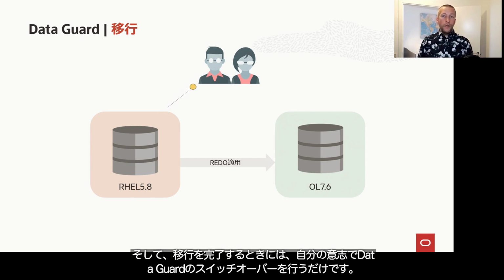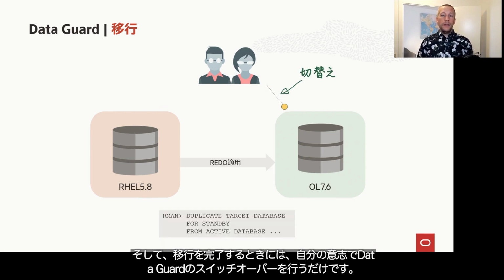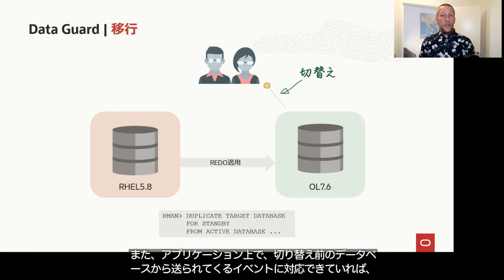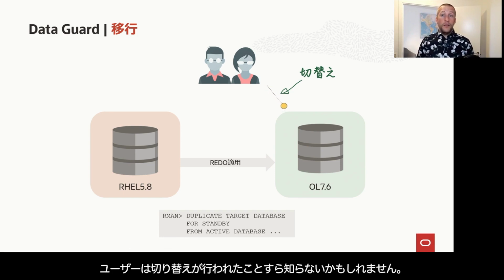Then, at your will, when it's time to complete the migration, you simply do a Data Guard switchover. And typically, that only takes a few minutes. And if you have a well-behaving application that understands the events that are sent from the database before the switchover, it might be that the user doesn't even know that a switchover has taken place.